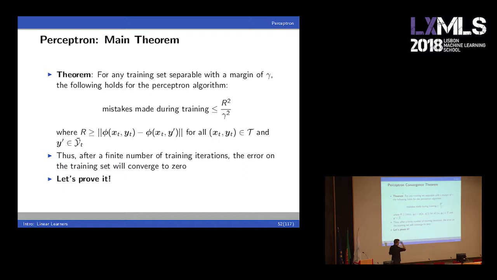So why is that? Because if we have a very expressive model, then the error... You have to remember the perceptron algorithm.